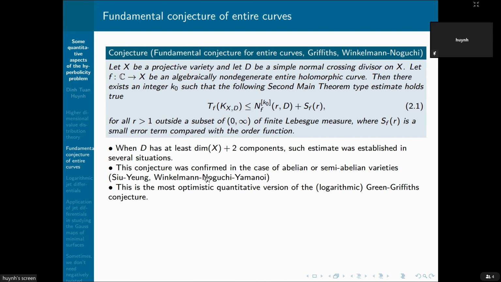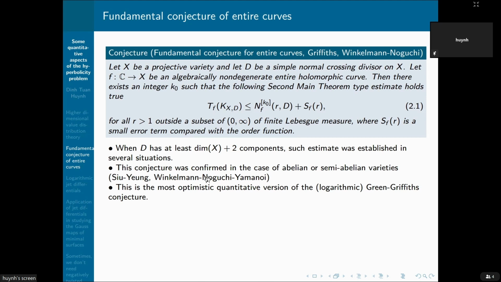Of course, the best truncation level we can expect here is 1, but this question is perhaps too difficult at the moment. Even in Cartan's second main theorem, we can only get truncation level n. As I said before, when D has at least dim S plus 2 components, this estimate 2.1 was established in several situations.